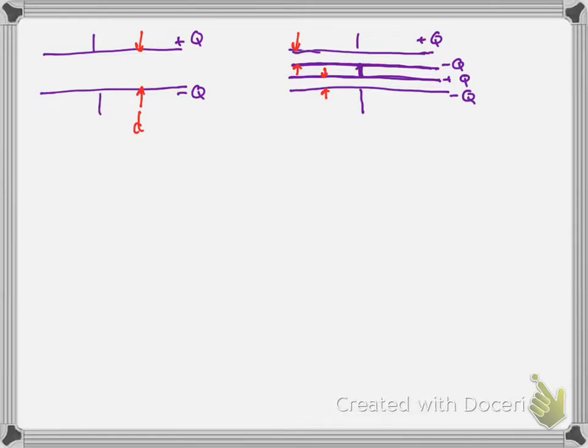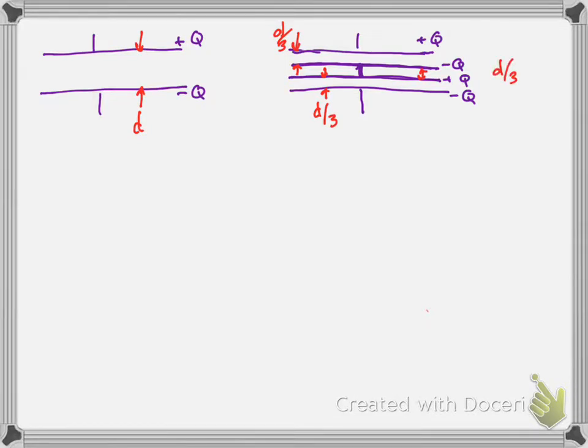So let's say that the conductor was 1/3 of the distance, then this is going to be D over 3, and this is going to be D over 3, because the conductor itself was D over 3.